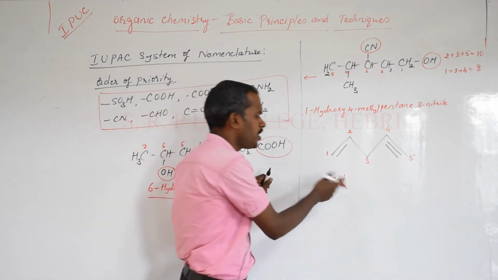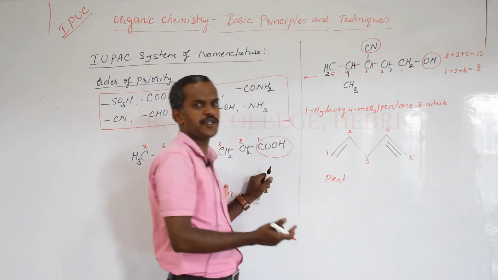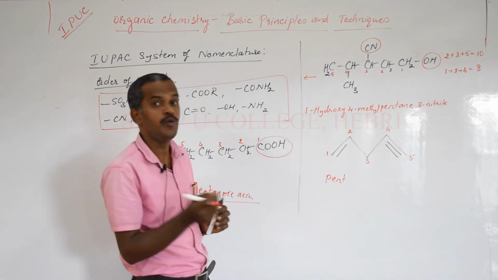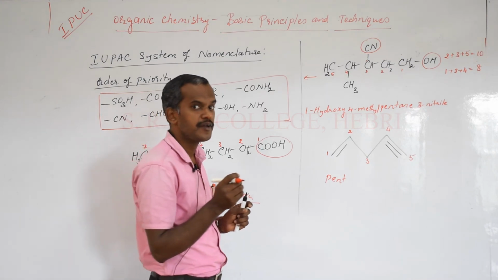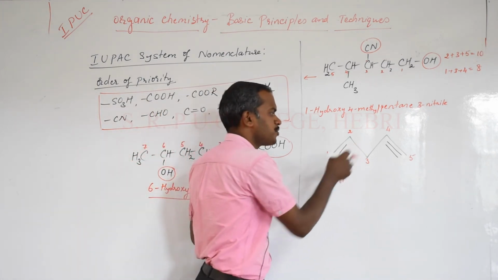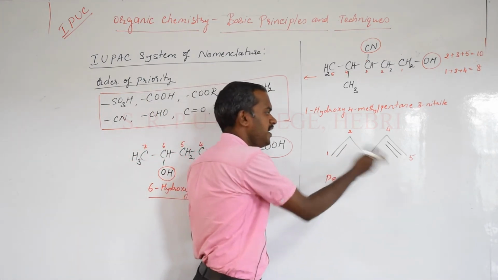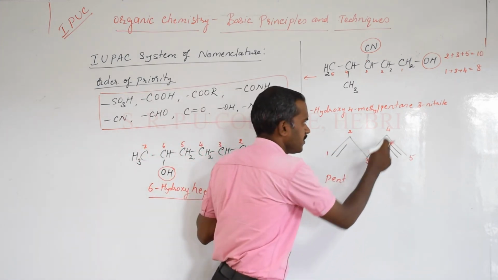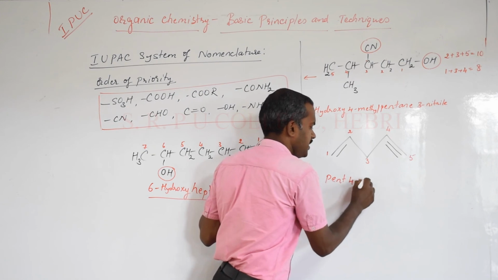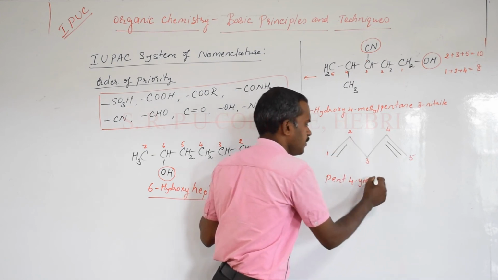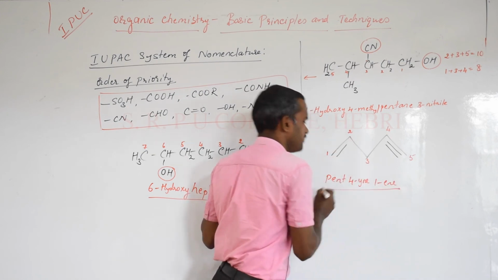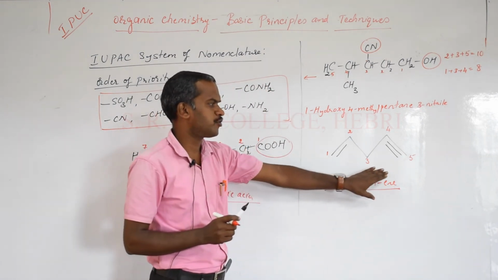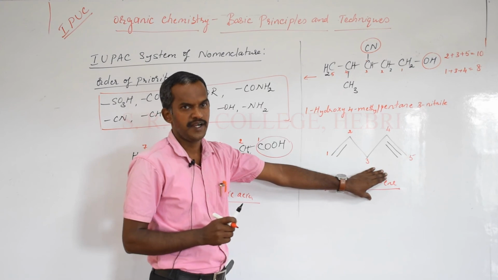Then there is no need to say ane, because the functional group itself is a double bond and a triple bond. I told you priority should be given to the double bond, and then to the triple bond. So the ending will be the functional group, so we say it is pent-1-en-4-yne. Whenever a multiple bond is present, we have to understand the order of priority, whether double bond or triple bond.